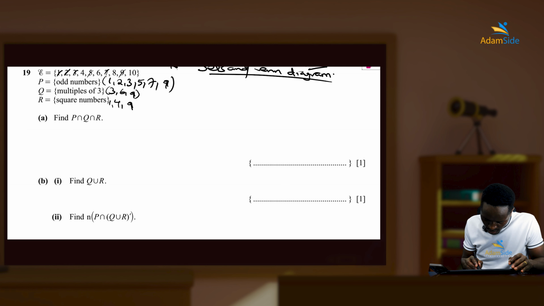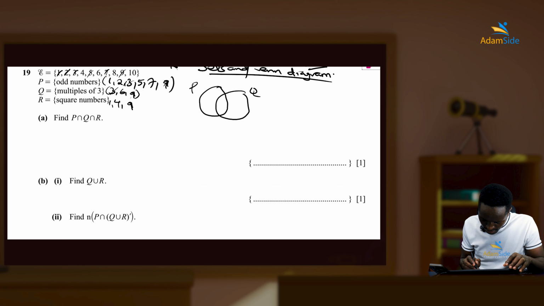So P intersecting Q: you have set P, odd numbers, intersecting Q. It intersects Q on 3 and 9. So P intersecting Q is 3, 9. And then intersecting R. R is 1, 4, 9, so the only common element is 9.